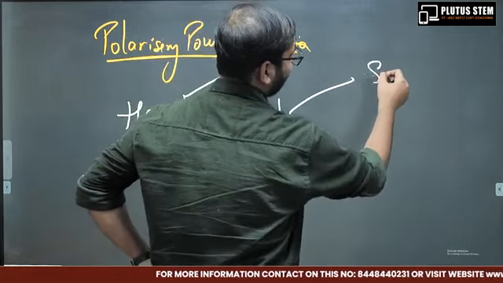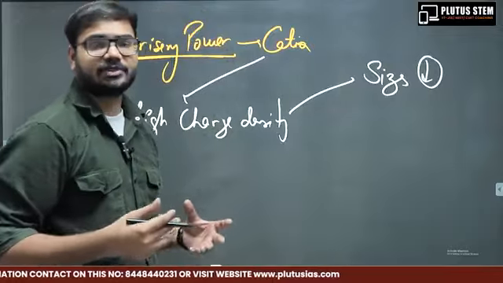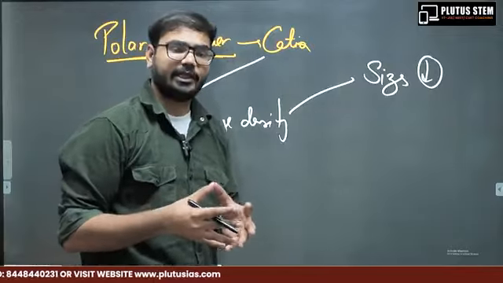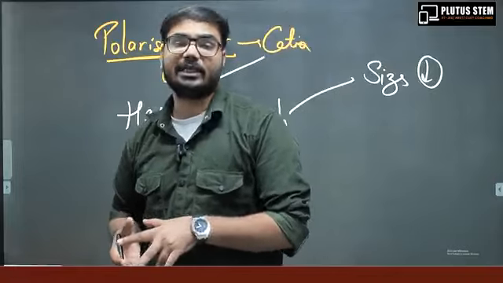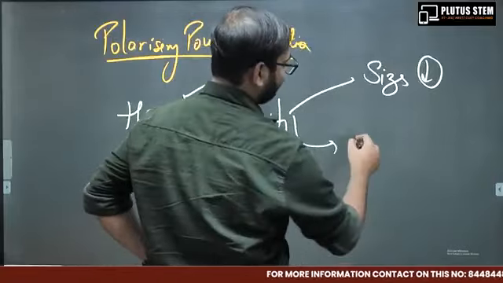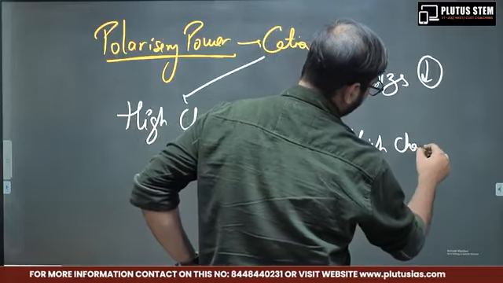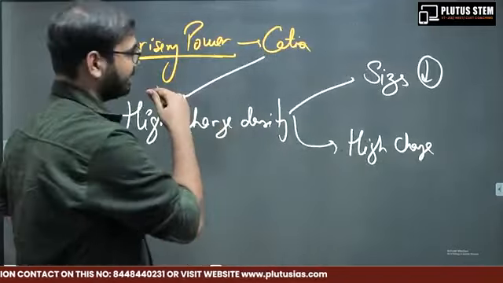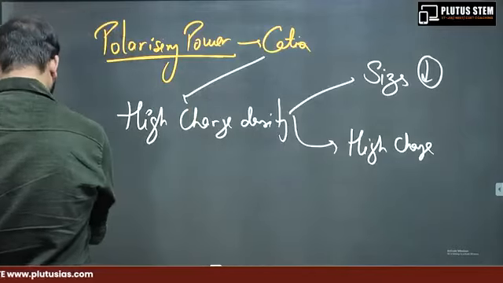First, you should have a smaller size. A smaller size means the positive charge is more concentrated in a smaller area, so the anion will be more easily pulled towards that cation. Then you should have as high a charge as possible. If you have these two properties, you can define the polarizing power of the compound.